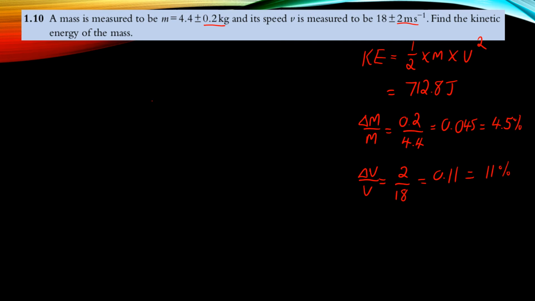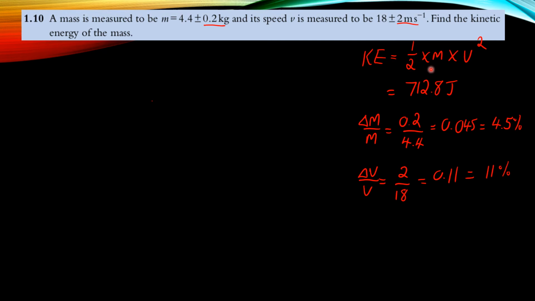So the percentage uncertainty on the kinetic energy is going to be the percentage uncertainty on a half plus the percentage uncertainty on m plus the percentage uncertainty on v squared. What's the percentage uncertainty on a half? Well, it doesn't have one. It's a number. It's not a measurement. It's just the number 0.5.